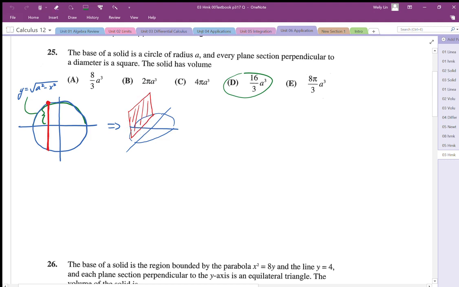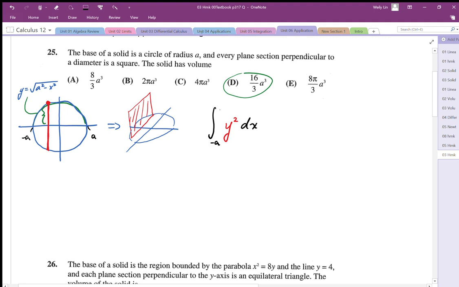When I'm talking about the volume of anything, I'm going to take the cross-sectional area, which in this case is y squared, and give it some thickness, and integrate this along the x-axis, since I'm integrating with the x's, from negative a to positive a.